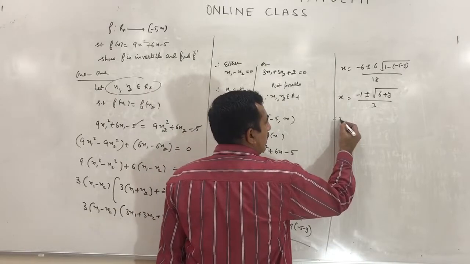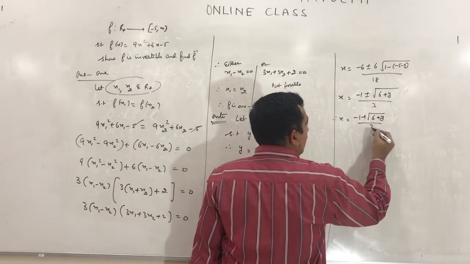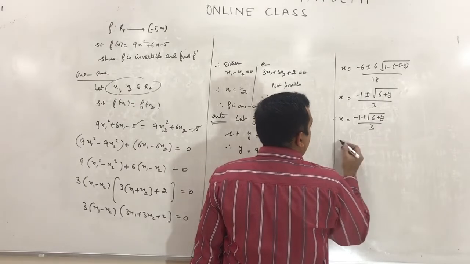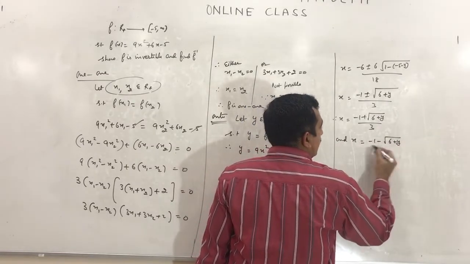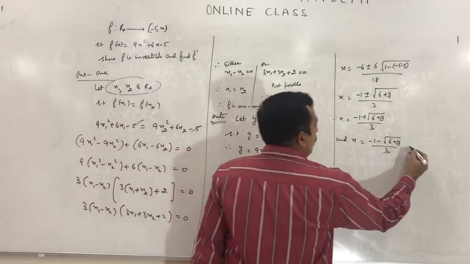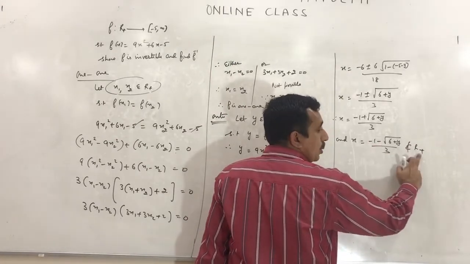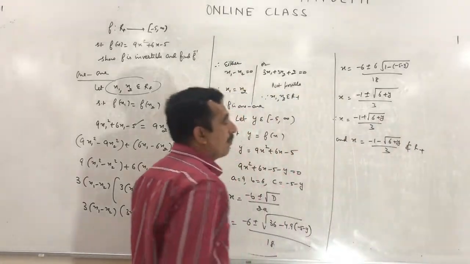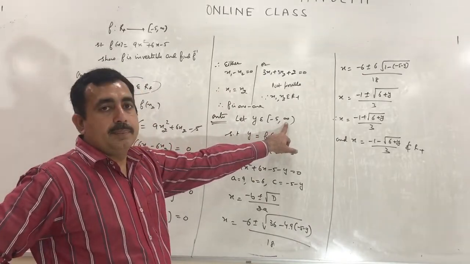So there are two answers. x = (-1 + √(6 + y)) / 3, and second, x = (-1 - √(6 + y)) / 3. This value does not belong to R plus, because it is negative. Now check this. y is from minus 5 to infinity.